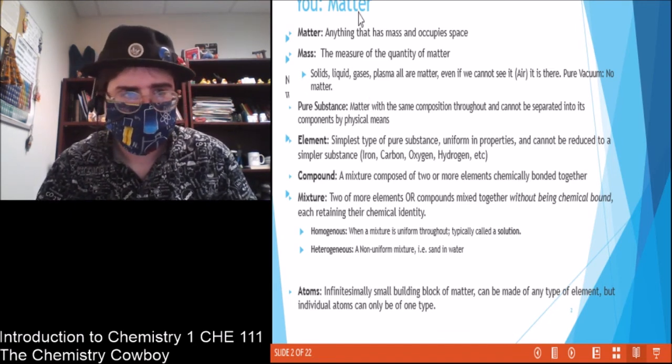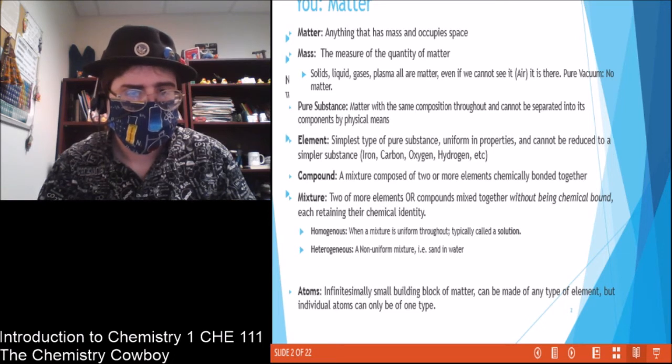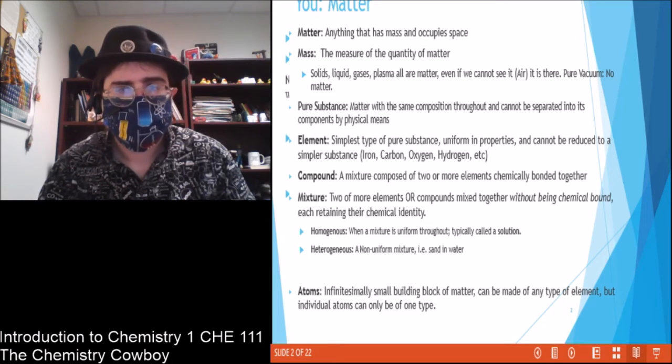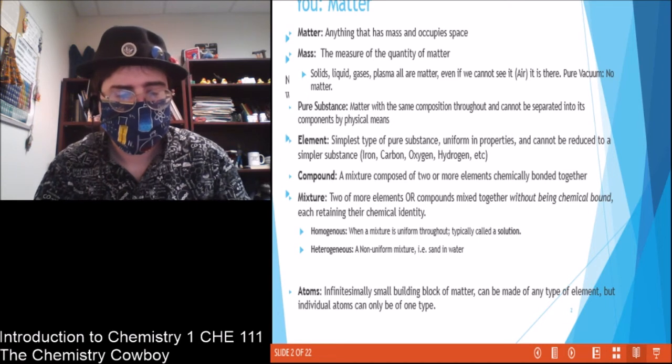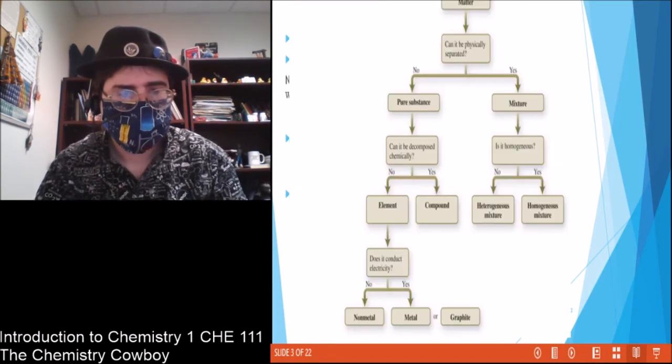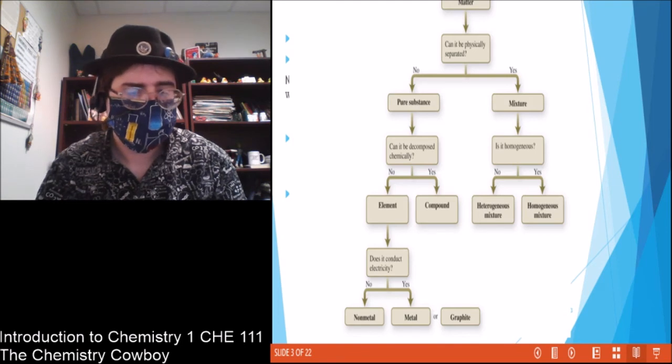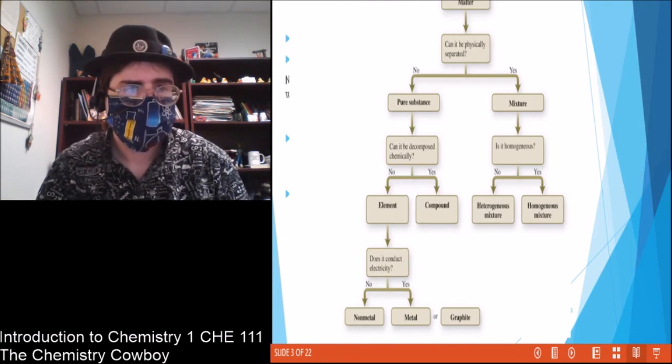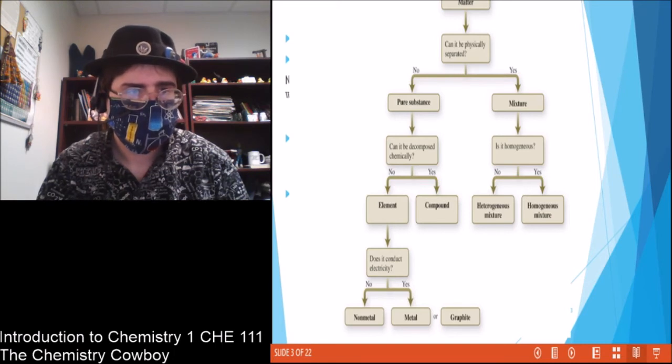We have two atoms of oxygen bound to one atom of carbon to make the compound carbon dioxide. We need to know that terminology so as we continue going forward, we can talk about this intelligently and all mean the same thing.